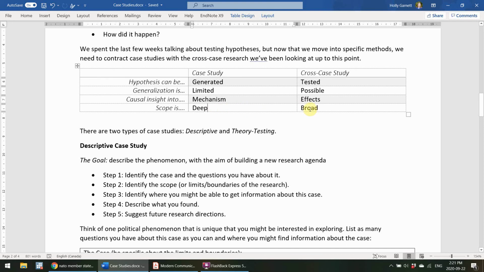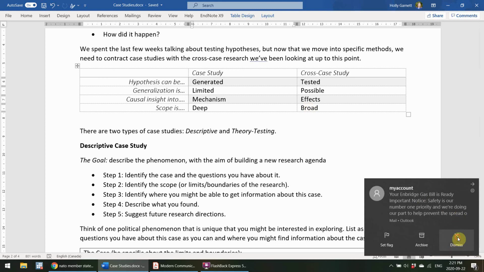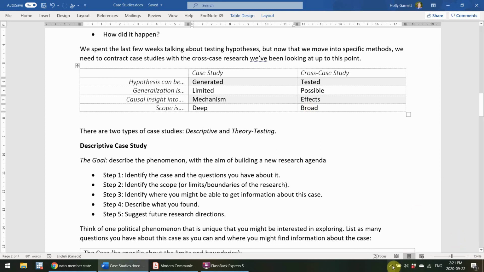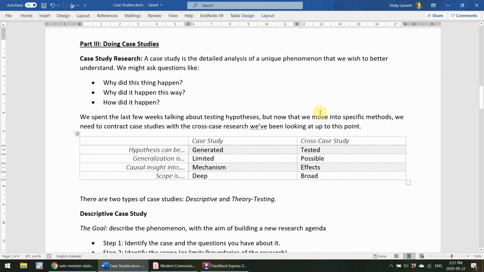If I did a cross case study of all ridings in Canada, I probably can't say much specifically about Kingston and the Islands, but I can say a little bit more about ridings in general in Canada. So electoral districts in general in Canada. Hopefully that makes a bit of sense.